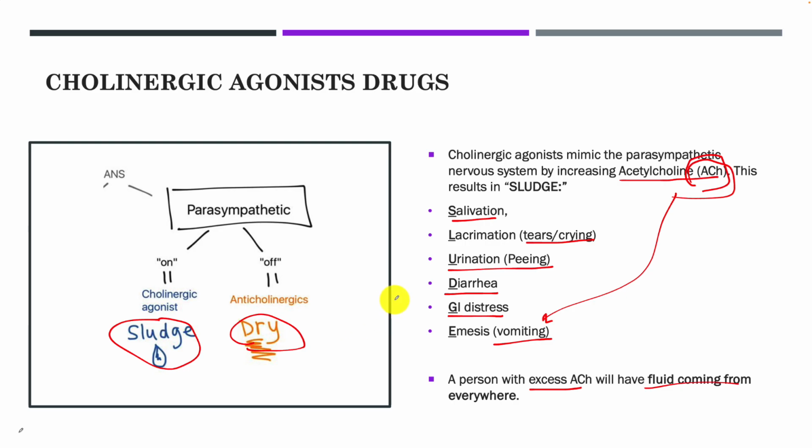So there are times where we do get an increase in diarrhea, not purposely. There are a lot of STI medications out there that when you take them orally, you will have severe diarrhea, which means one of the agents in that medication is a cholinergic accelerator or an agonist, and that's one of the reasons you're having an increase in diarrhea.